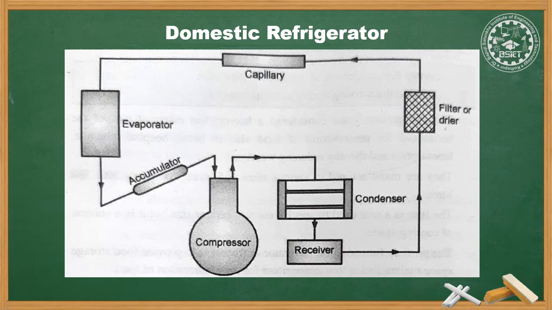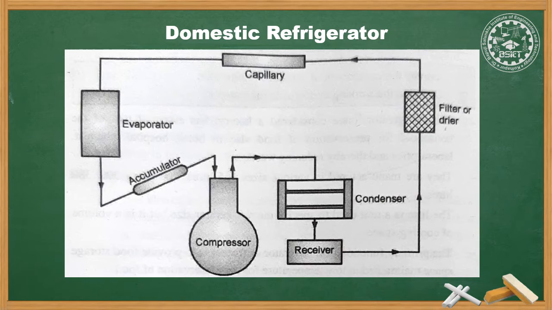The refrigerant vapor from the evaporator, at low pressure, is compressed by a compressor to a high pressure and high temperature, and is discharged to the condenser, where the condenser rejects the heat to atmospheric air.